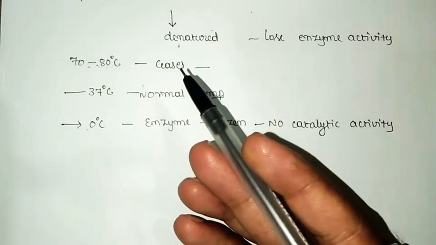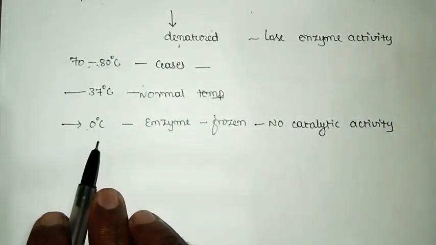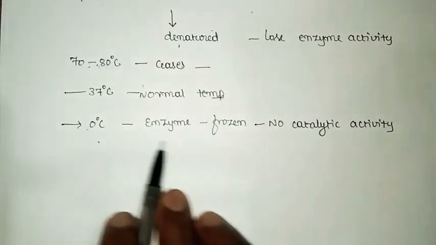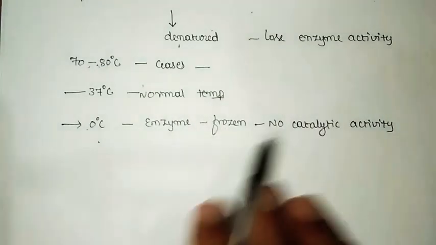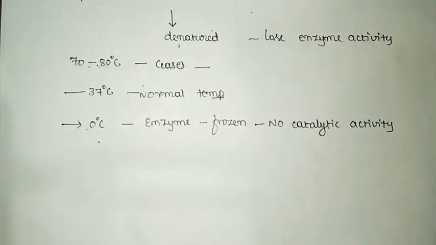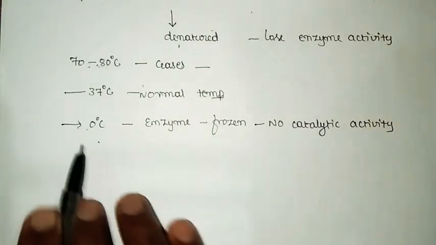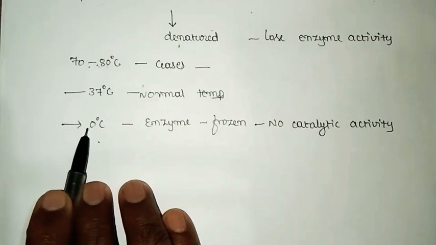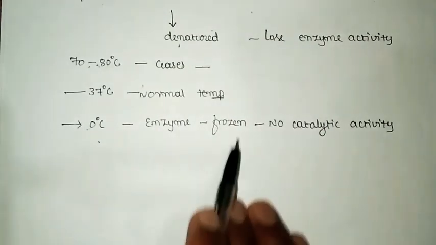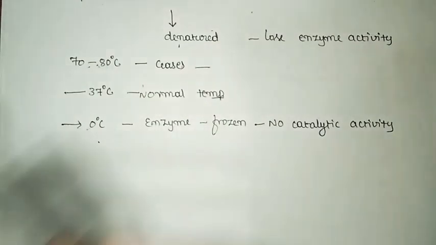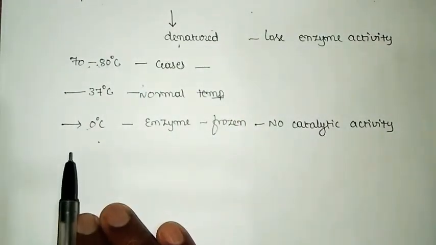the catalytic activity of the enzyme will be regained. Therefore, we can say an enzyme can be stored in the frozen state for years together. There will be no loss of catalytic activity at 0 degrees Celsius, because when it is brought once again to normal room temperature, the protein part returns to its normal state and again shows catalytic activity.